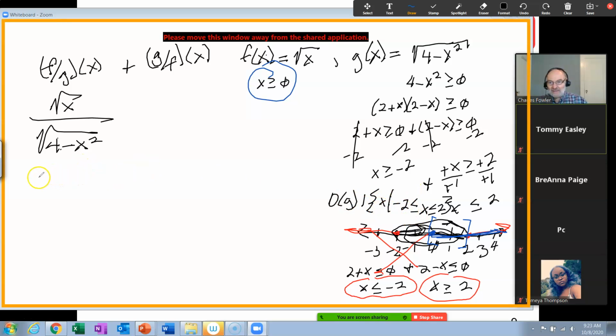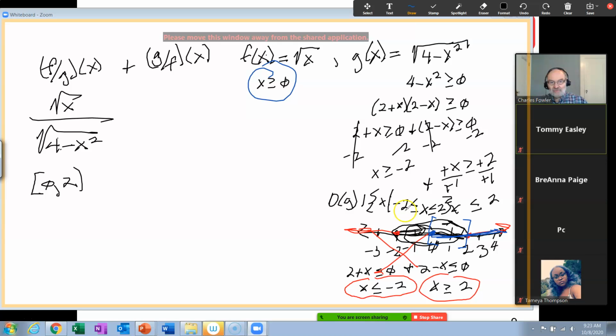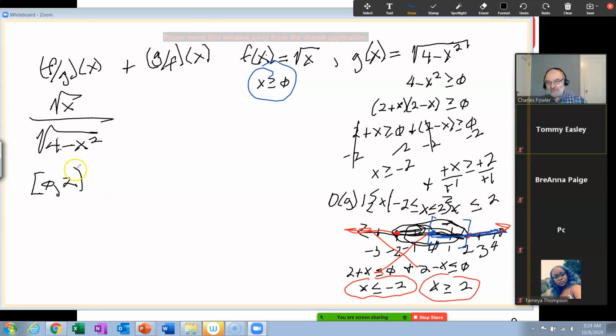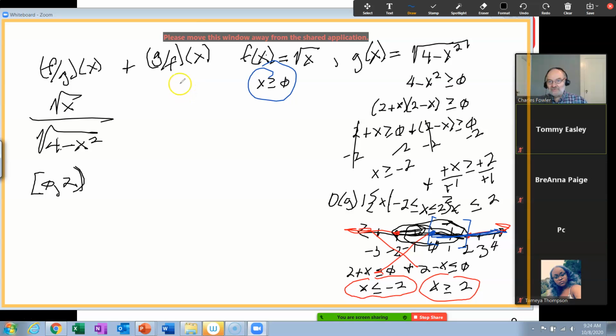So our domain here, the 0 is fine, but the 2 is not. So you have to put it like that. Because any other value in this domain, 0 to 2, that's going to be fine, except 2. 2 would make your denominator 0. So that's a parentheses here. This is a bracket here. Let's do this one.